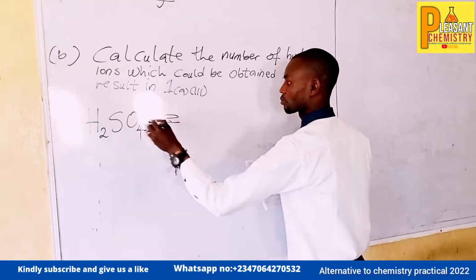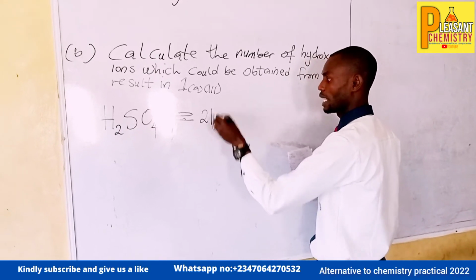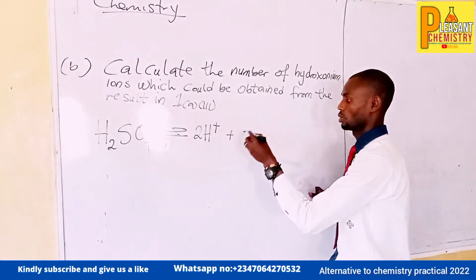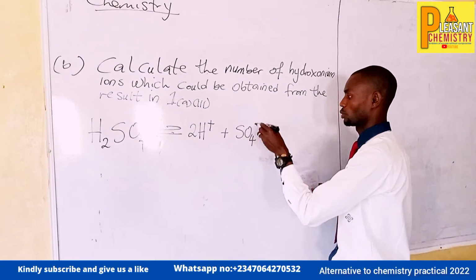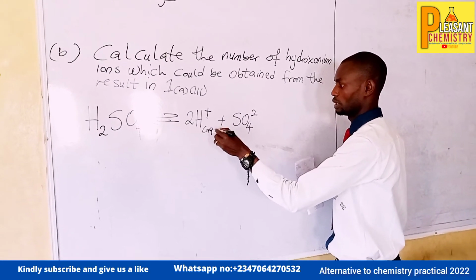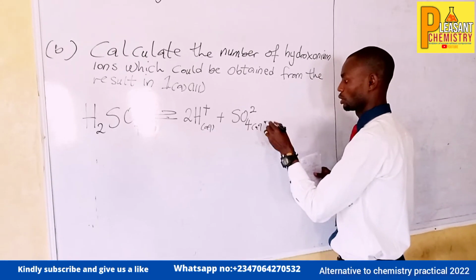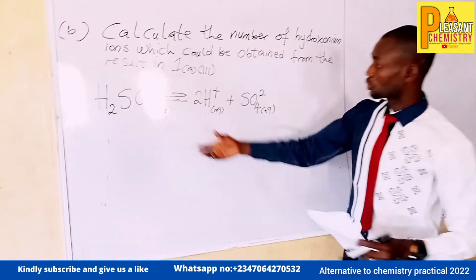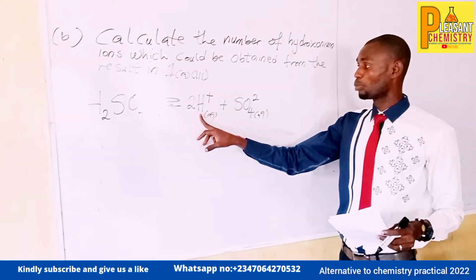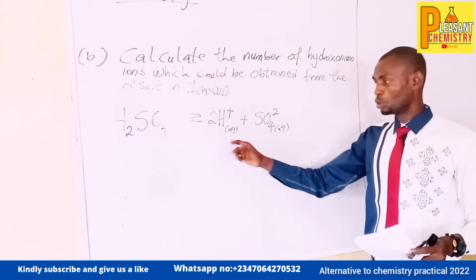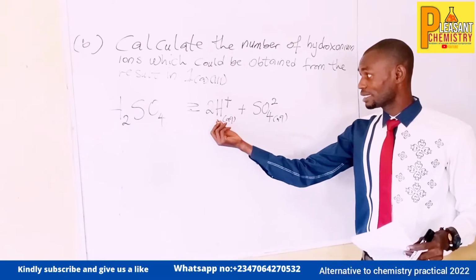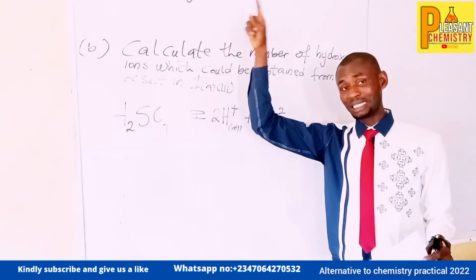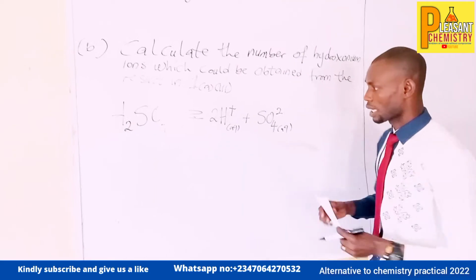tetraoxosulfate 6 acid, and it will give you 2 hydrogen ion plus SO4 2 minus. You know, it will be in aqueous solution, and this one is also aqueous. So when you dissociate like this, you are going to have 2 number of hydrogen ion. But remember that these 2 number of hydrogen ion represent the mole per dm cube of A we calculate the other time.